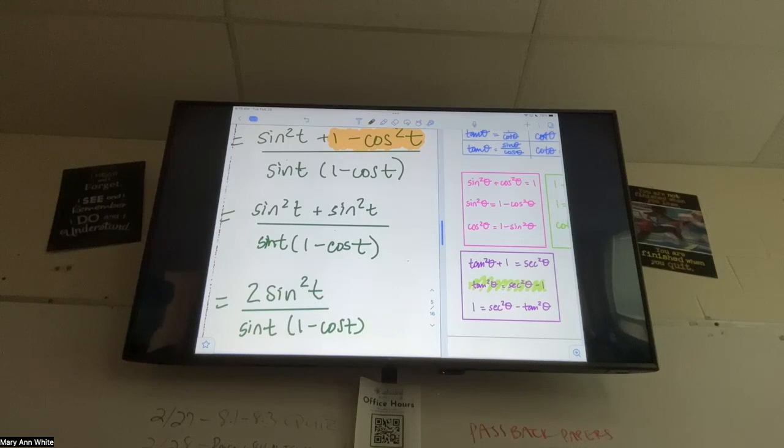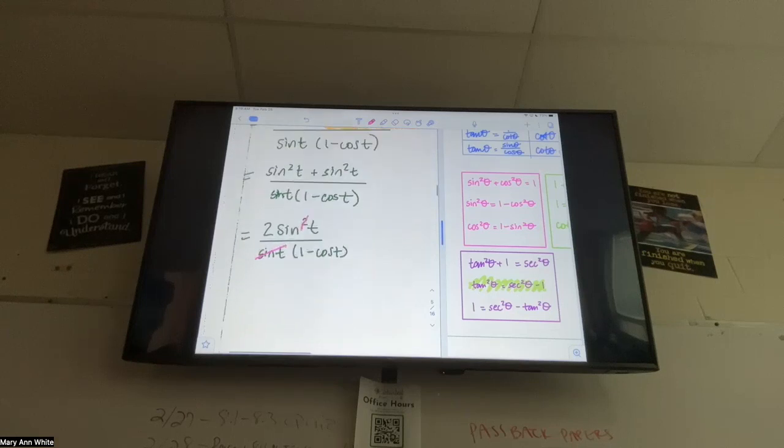I see something we can cross out. I have a sine top and bottom, so I'm gonna take that sine squared and that sine and cancel those out. So I've now got 2 sine t over 1 minus cosine t.